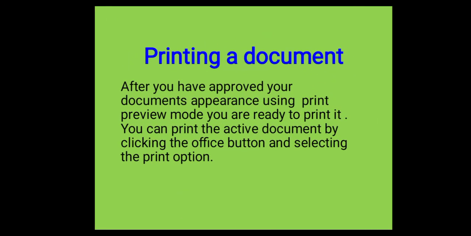Printing a document. After you have approved your document's appearance using print preview mode, you are ready to print it. You can print the active document by clicking the office button and selecting the print option. Means after you see the print preview of a document, you can easily print when you give the print command through the menu or shortcut key.